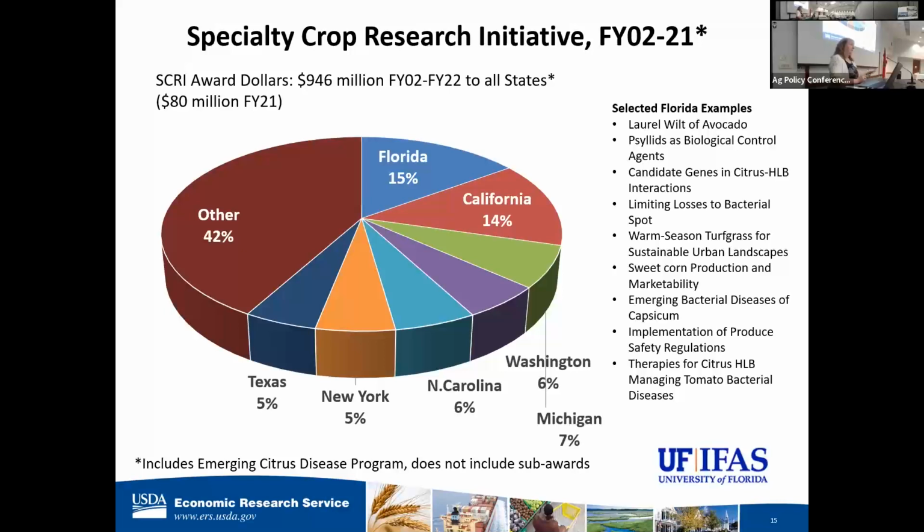If dollars, for example, were awarded to a university in Georgia as the prime, but Florida was participating, doing a lot of the work, that's not counted in this 15%. And again, you can just see the broad range of Florida examples that have been funded here. This is a very short list.